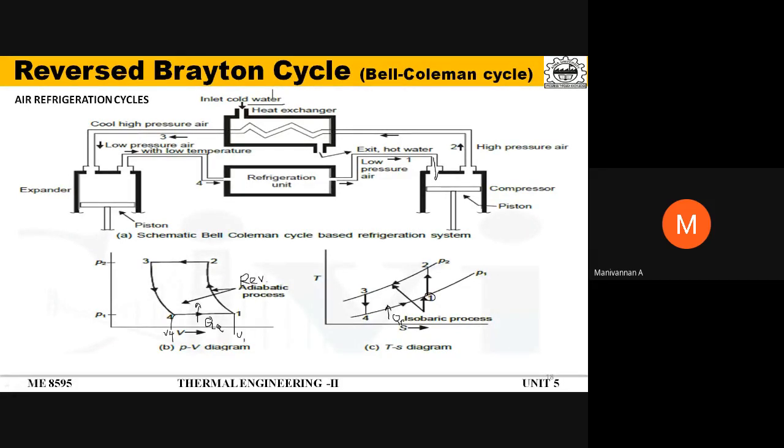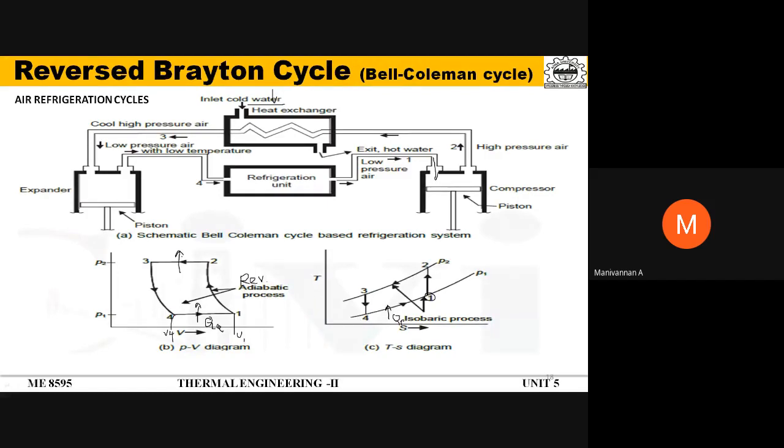So the cold fluid will be circulated in the heat exchanger, and the heat energy available in the air will be removed. In a Carnot cycle we assume isothermal heat rejection, but here we change the isothermal heat addition into a constant pressure heat addition.